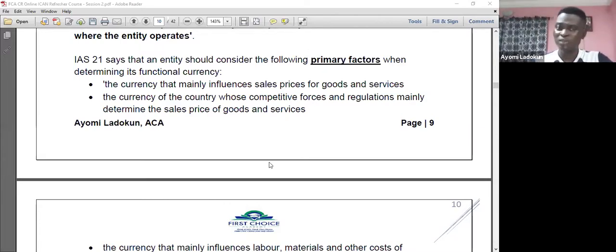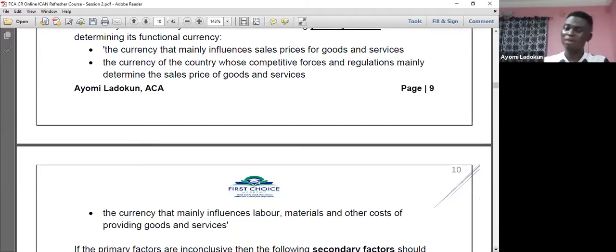When you see all of these, then you can say this is the functional currency. And the last one is the currency that mainly influences labor, material, and other costs of producing goods and services.